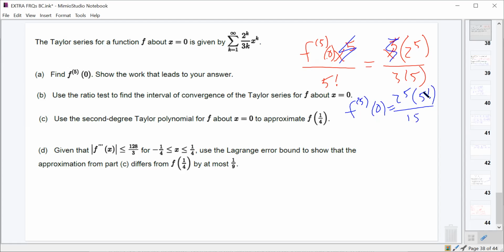We can cancel the 5 and the 3 with the 15. That leaves us the 4 and a 2, which is 8. So we got 8 times 2 to the fifth, which is 8 times 32, which is 256. So we just equate what we know the fifth term should be by using a Taylor polynomial with what we know that same fifth term should be by plugging in a 5 into this series. Does that make sense, everyone?